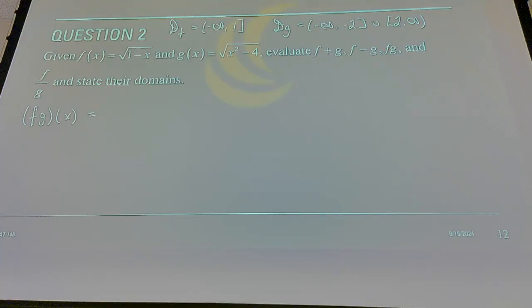F times g. F of x times g of x. Can that be simplified?